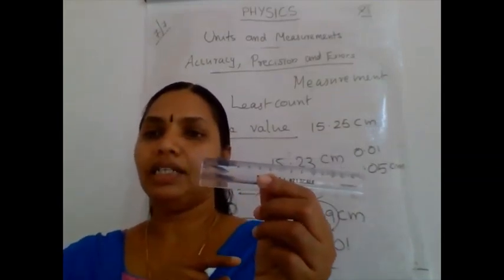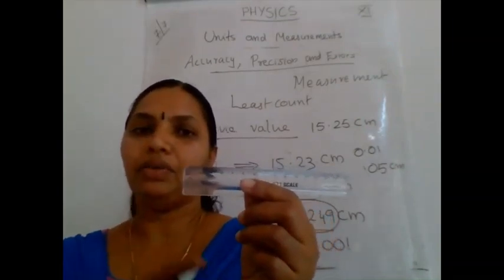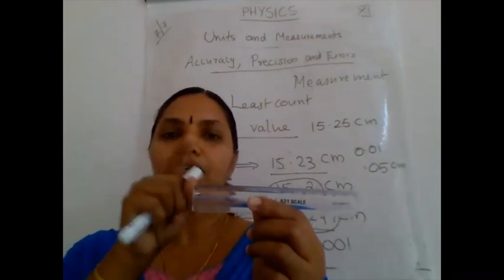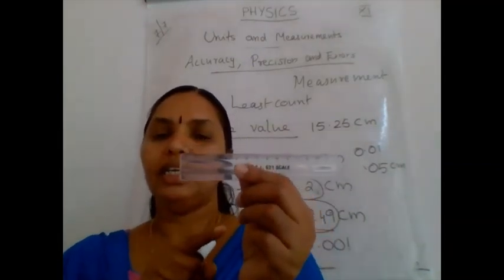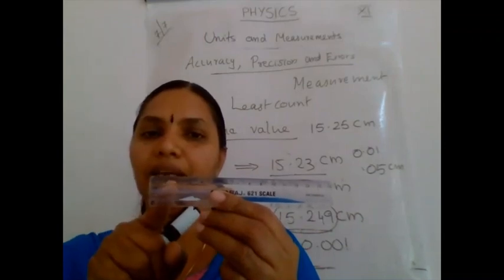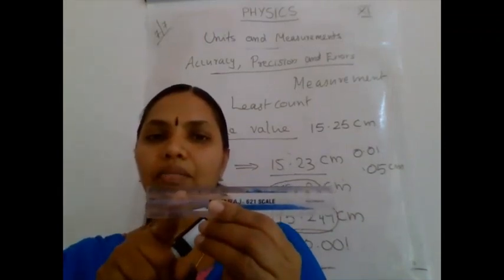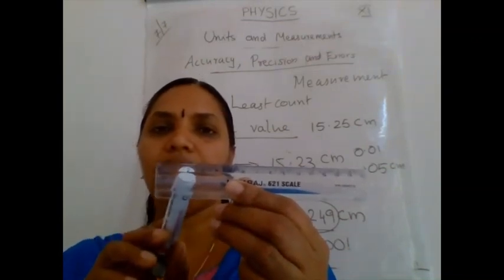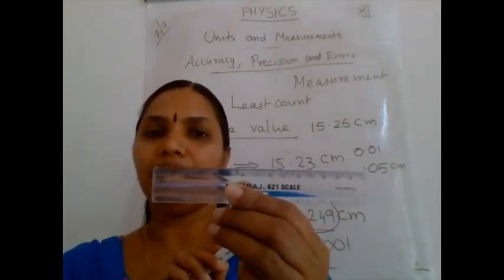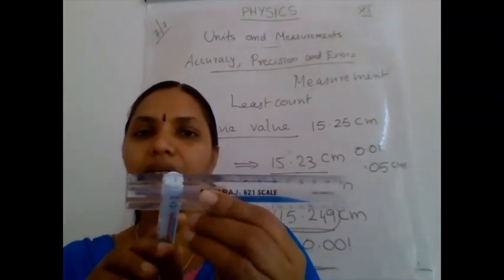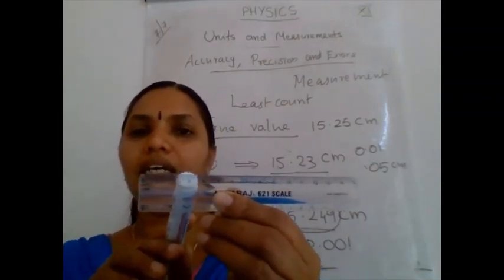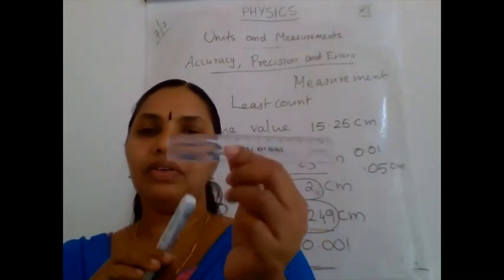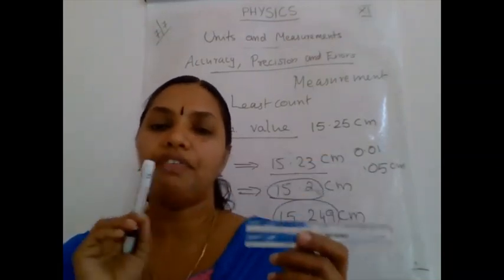Then 1 millimeter, 1.5 millimeter, 2 millimeter, 2.5 millimeter, like that it continues. Understood? So here the least count of this scale is 0.5 millimeter.